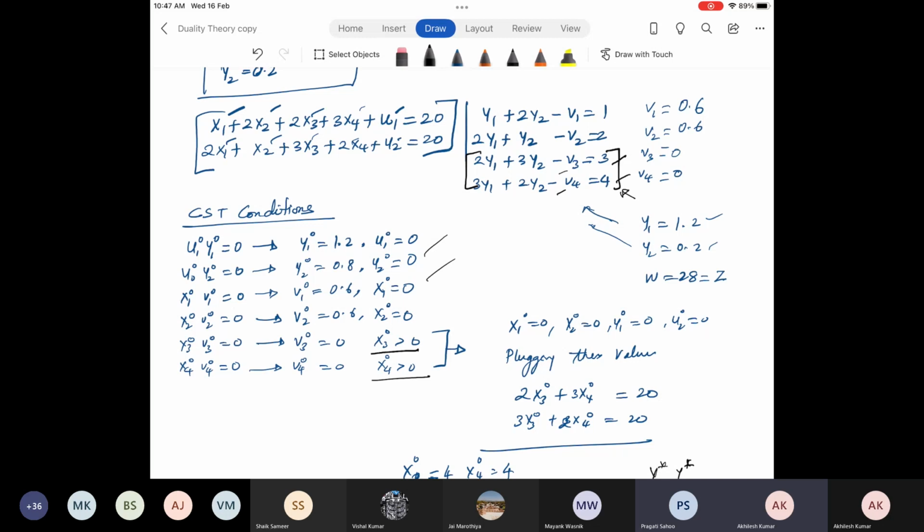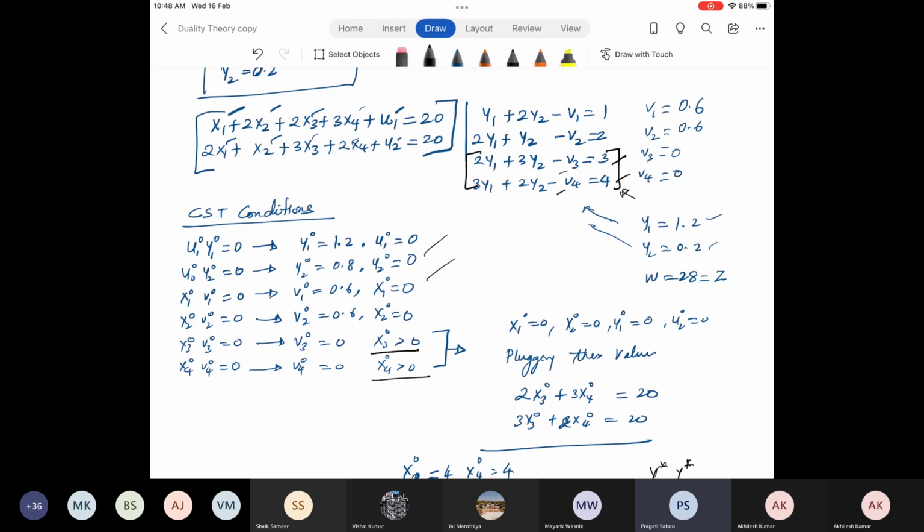Similarly, if a primal constraint is a strict inequality at optimality, are the u_i greater than 0 or less than 0 or equal to 0? If a primal constraint is a strict inequality at the optimality, that means u_i is greater than 0, then only it can be strict inequality, otherwise it will be equality.